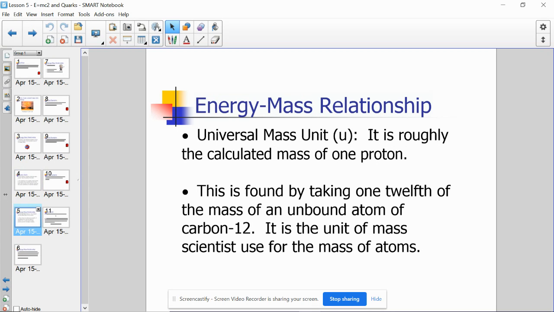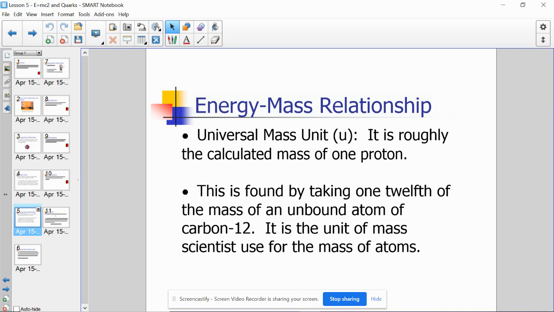Now we have an energy-mass relationship that we are going to completely simplify. We have this thing called the universal mass unit. This is where you get your atomic masses from on your periodic table. We made carbon our gold standard: we grabbed carbon-12 and divided its mass by 12, and we found one atomic mass unit.